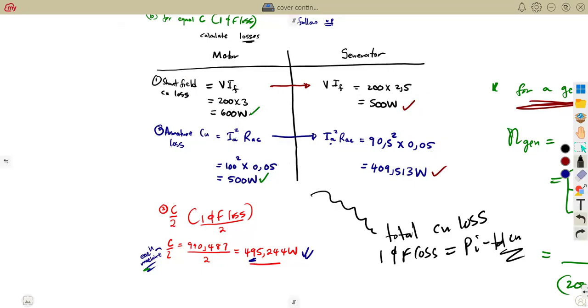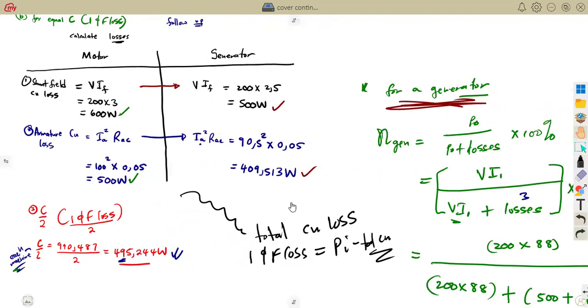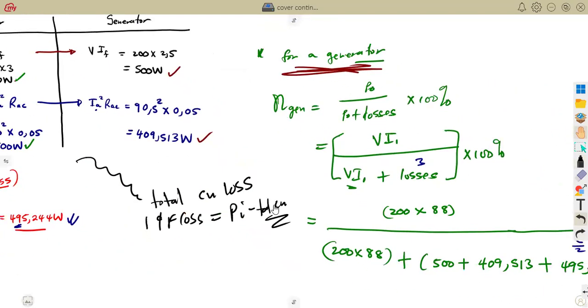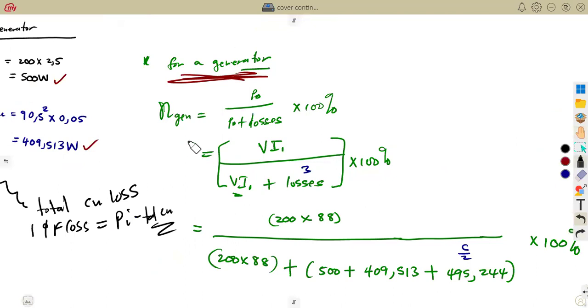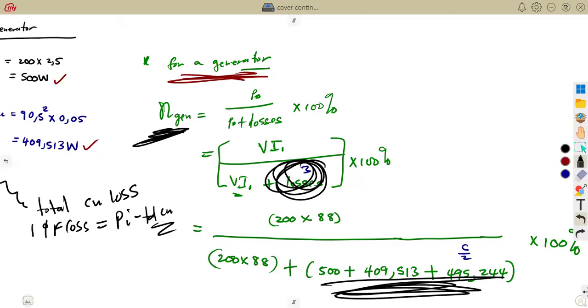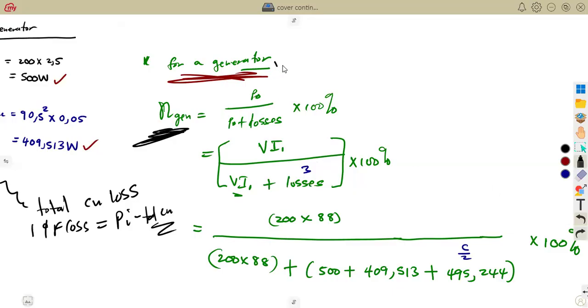Yes, when you are now calculating the efficiency of the generator, I am on the formula of efficiency now. The three losses that you write here are only for the generator. Here you are dealing with a generator, so list the ones of a generator. So take note about this last one.